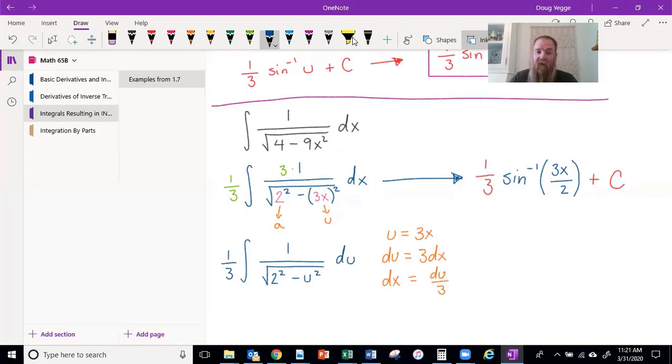So if you choose to just do pattern recognition by multiplying by 3 and multiplying by the reciprocal, you never physically have to do the u substitution. But it's up to you. It doesn't matter which one you choose.